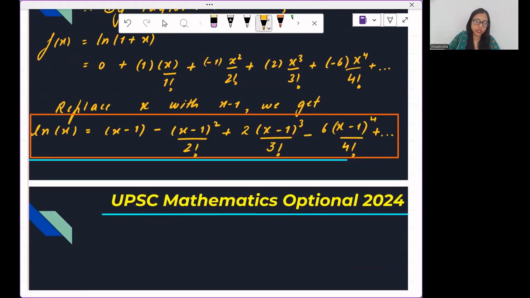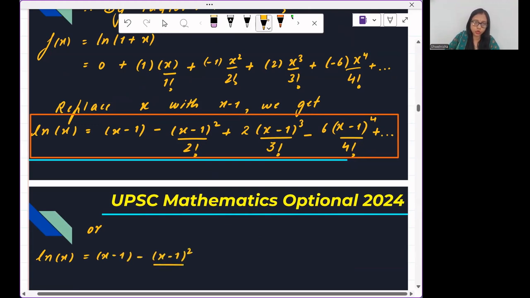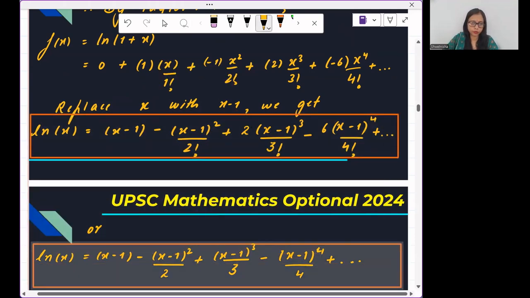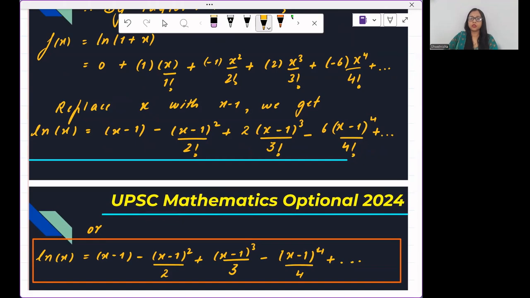So this can also be written as ln of x is x minus 1 minus (x minus 1) square by 2 plus (x minus 1) cube by 3, not plus, minus (x minus 1) raised to power 4 by 4 and so on. This is a more simplified form. That was your D part.